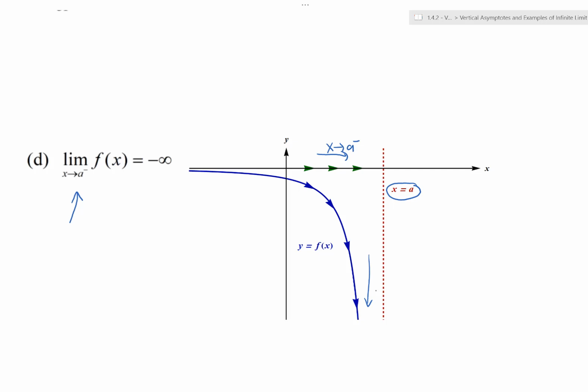But again, if any of those four things happen, then x is equal to a is a vertical asymptote for the function f of x, that vertical line x is equal to a.